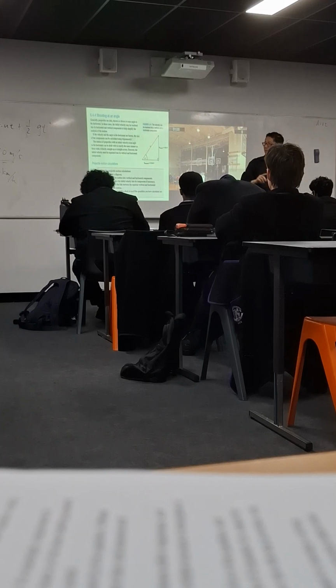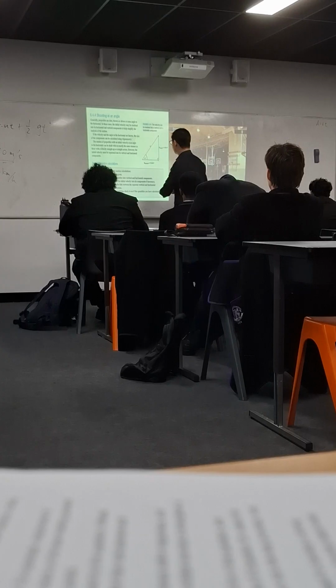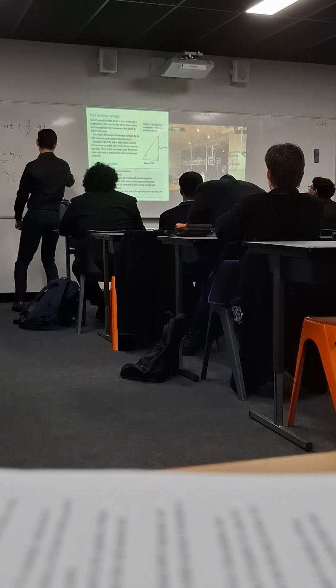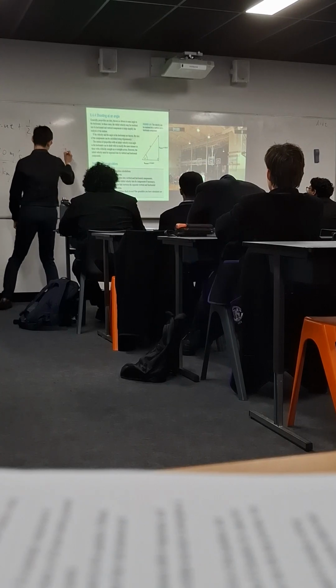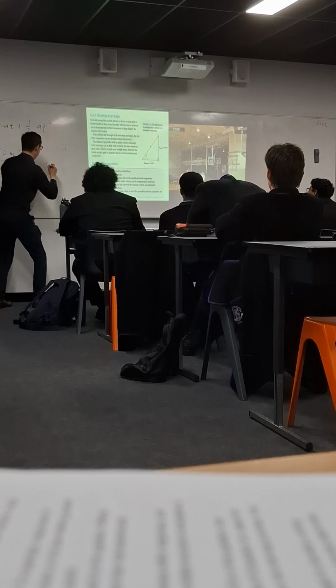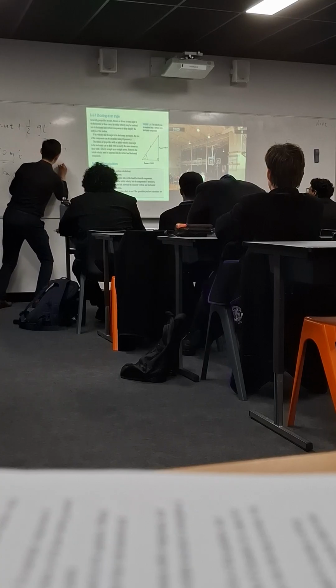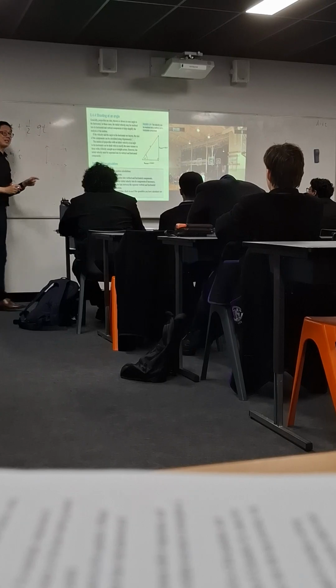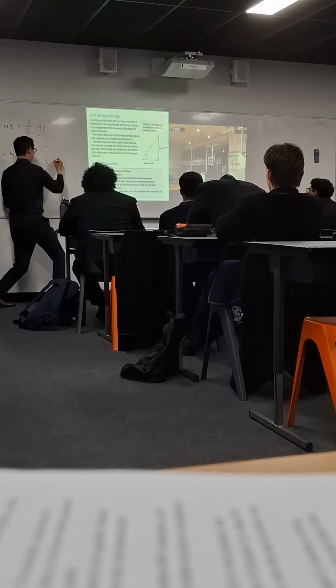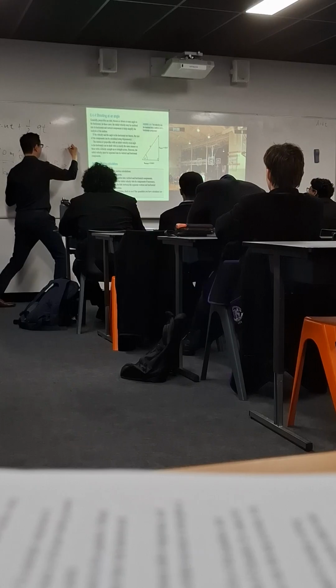When you have this angle, it can always be split into two components, because it is easier for you to solve the problem. So let's say this is theta, and this is V.